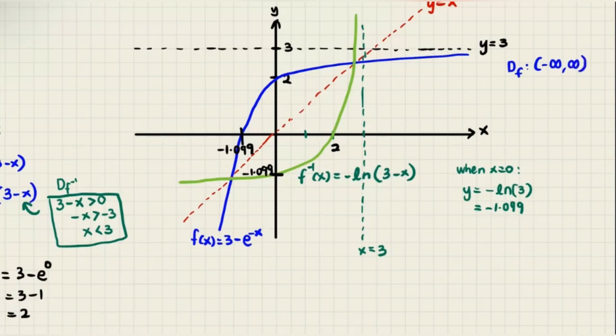Okay, and the range for f. So the range for f is our graph from the bottom here up until the top, where does it stop? Here. It approaches y equals 3, right? So our range will be negative infinity until 3. Does it touch the value of 3? No. So it will be an open bracket.